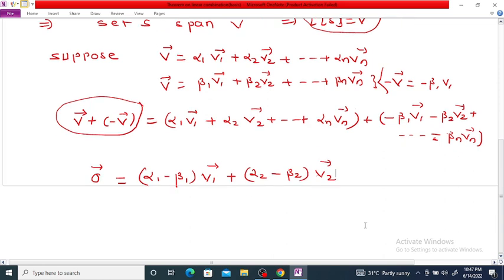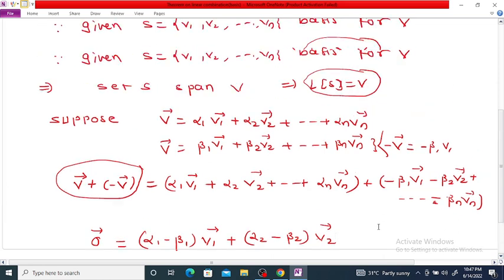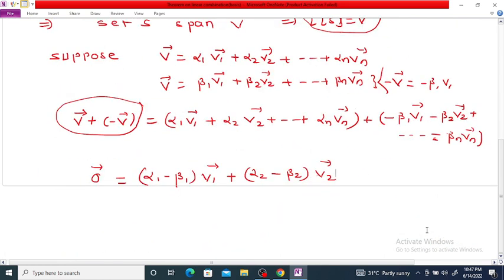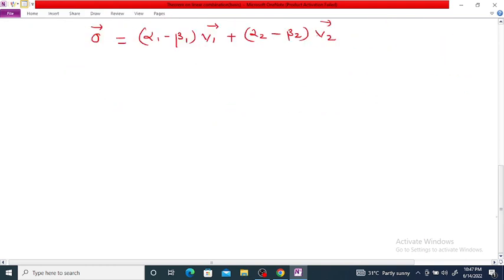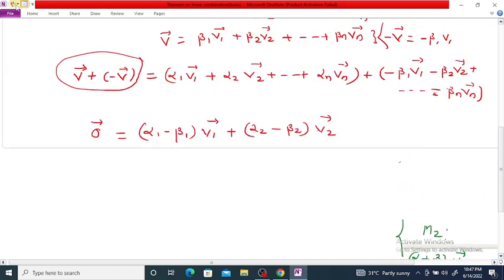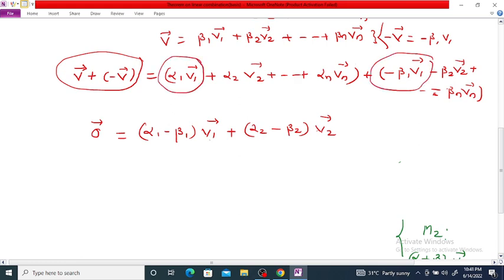By using M2 from vector space V. I am writing here in a different color: M2, in a vector space, (alpha plus beta) v bar is equal to alpha v bar plus beta v bar. By using this property, alpha 1 V1 bar minus beta 1 V1 bar can be written as (alpha 1 minus beta 1) V1 bar, and so on. Finally we get (alpha n minus beta n) Vn bar.